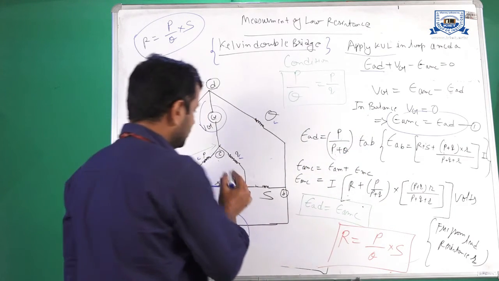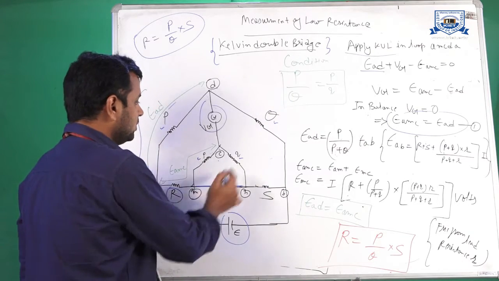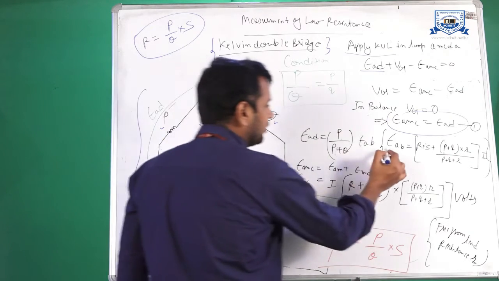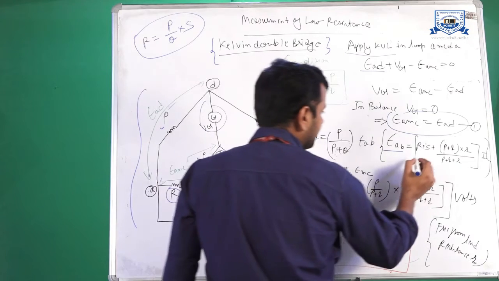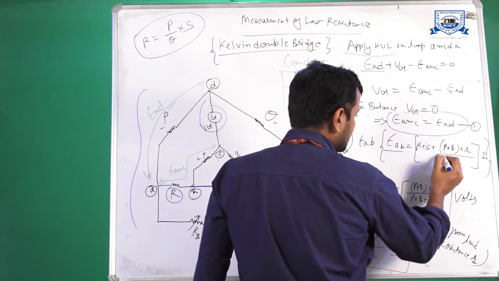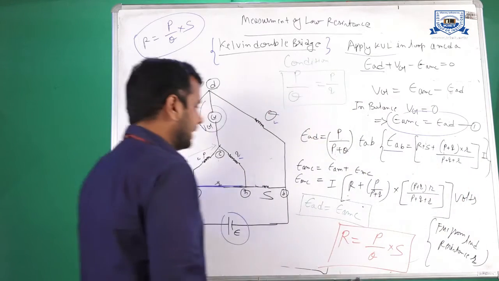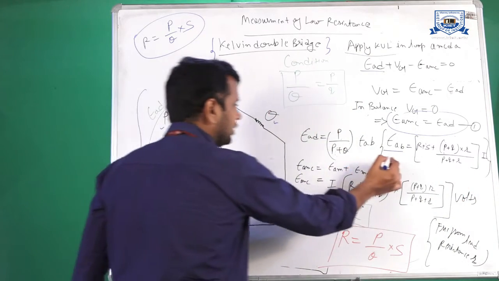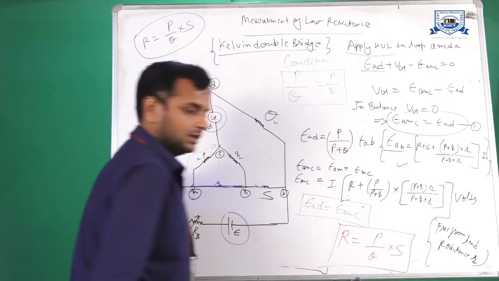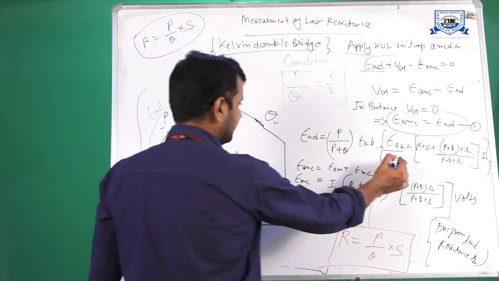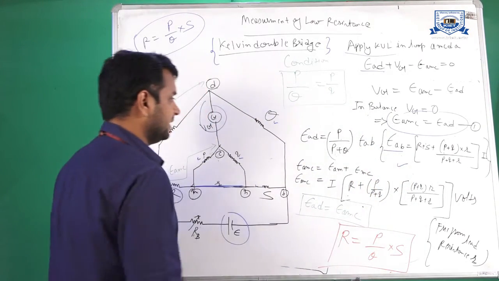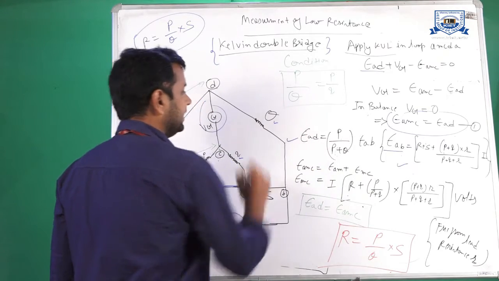And if you solve, you will find out the value of EAB. EAB will be equal to R plus S plus P plus Q into R upon P plus Q plus R multiplied by I. So by putting the value of EAB in this equation, we will get the value of EAD.